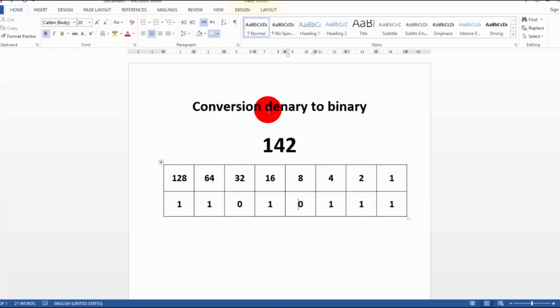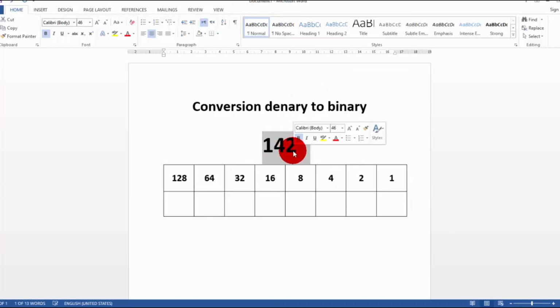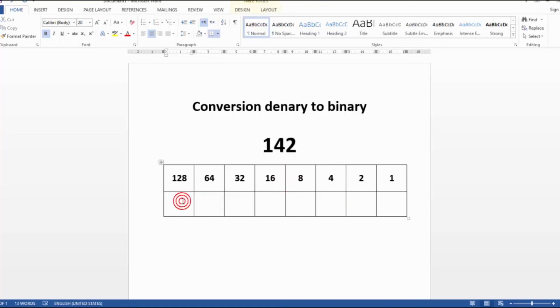We consider that this denary number must be 8 bits in binary form, right? It may be above 8 bits, okay, but this is an assumption that we can say that 142 is considered to be 8 bits. So let's start with 128 because it is the biggest number.